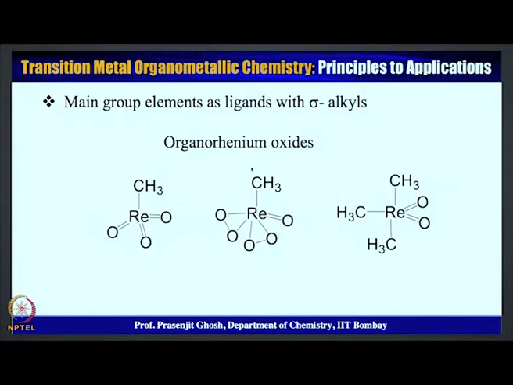Another example is this transition metal alkyl bond, when bound to main group elements as ligands, sometimes are also stable, and the example is this class of compounds called organorhenium oxides.